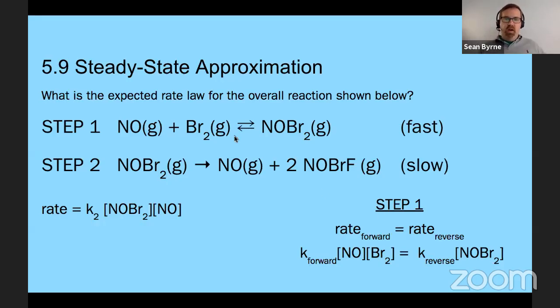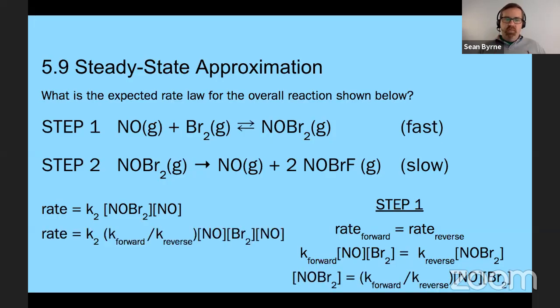So our forward and reverse rates are equal to one another because it's equilibrium. We're going to substitute this back in, and we would end up with a rate law that looks just like that. And we have a similar kind of redefinition of what's happening with our K.